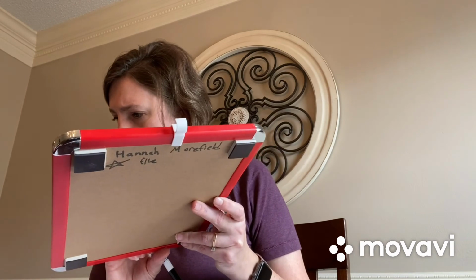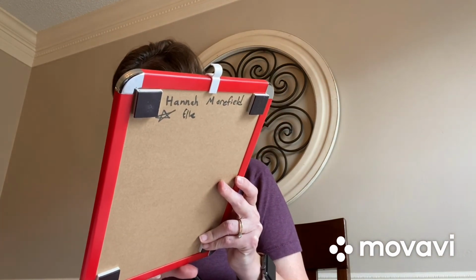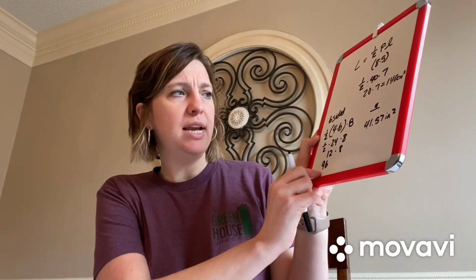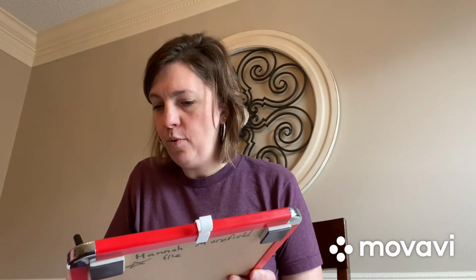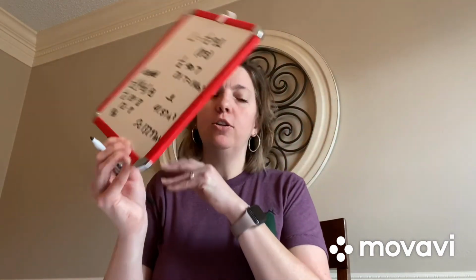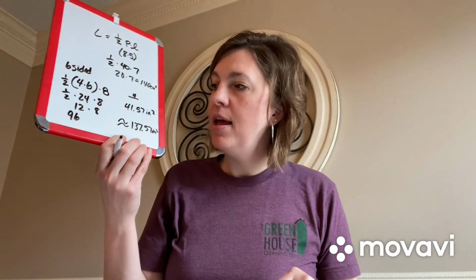We did that just a moment ago and found that 24 and 8 and 1/2 was 96. So 96 plus this together would be approximately 137.57 inches squared. So all you're doing is using those formulas there and solving, okay?